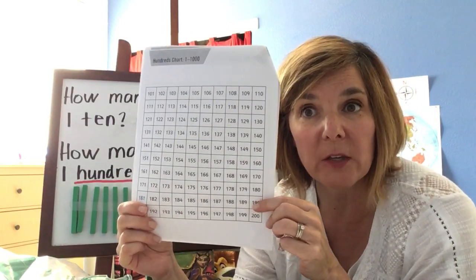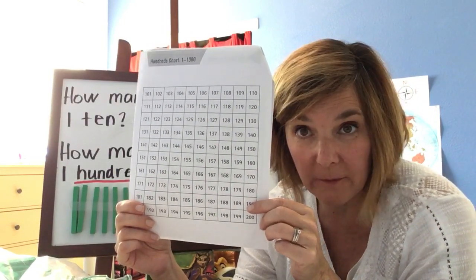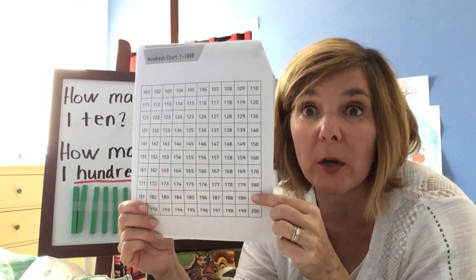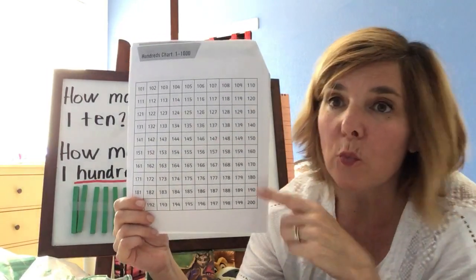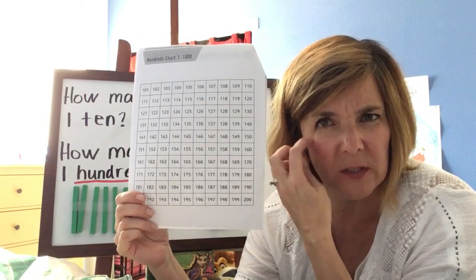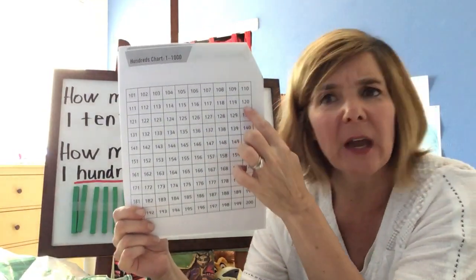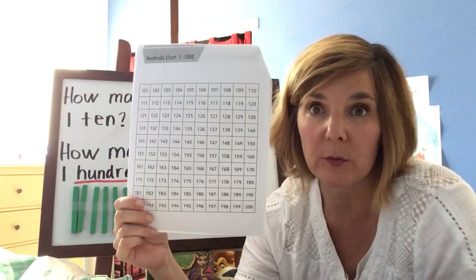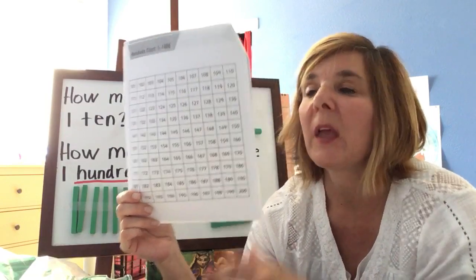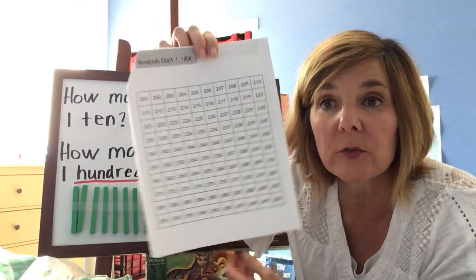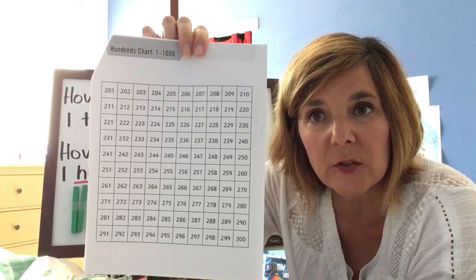You turn to the page that you're looking for. So this is the 100s page. And you find 120. Is that the number I said we were looking for? And then the guide will help you write it. 120 equals 120. And if you were looking for help in the 200s, you would turn to the 200s page.